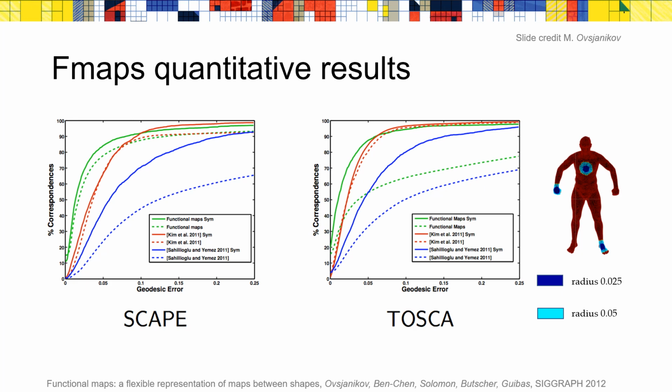Here you can see how wide an error of 0.025 is, as the blue point depicted on the shape, and how wide an error of 0.05 is, depicted as light blue on the human shape on the right.